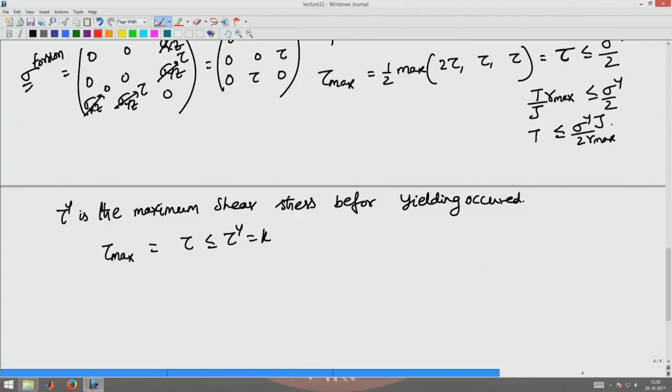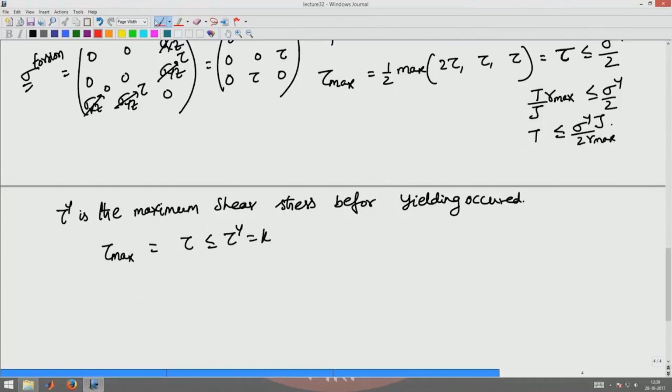Now, I can find kappa not necessarily from a uniaxial experiment; I can find kappa even from a shear experiment. I can do the opposite now. I can use the shear experiment to find the kappa value and the uniaxial experiment to find the limiting uniaxial stress. Then let us see what happens. Say tau y is the maximum shear stress before yielding occurred.